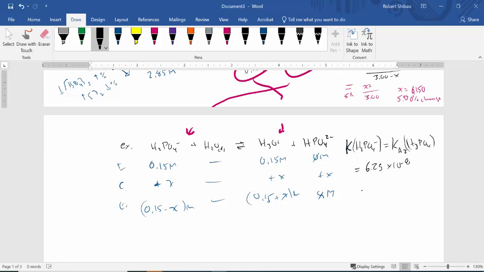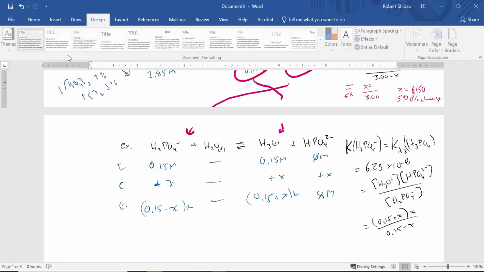And so this is just going to equal the hydronium concentration times the monohydrogen phosphate concentration divided by the dihydrogen phosphate concentration. And so this will equal (0.15 plus x) times x over (0.15 minus x).